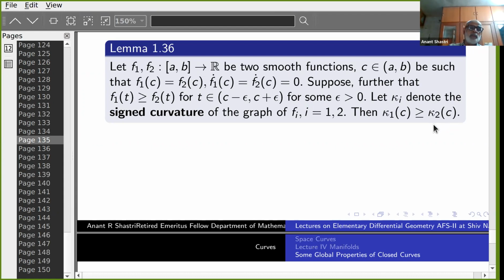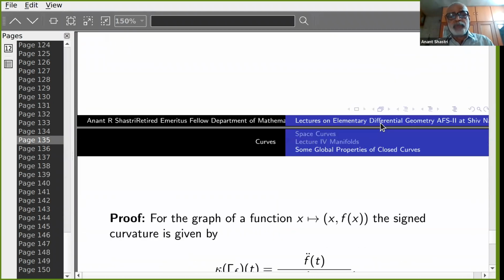What is the proof? It's a one-line proof here, though I have made all the preparation, that is why it's a one-line proof. We have computed, remember, the curvature of a graph. You use that formula, then this will come very easily. So here is the proof.